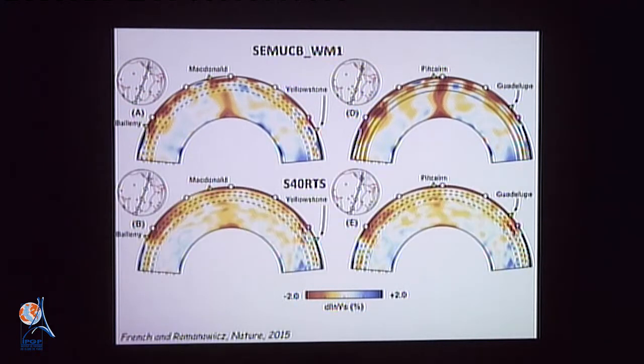Now, I want to compare this with a model that is very frequently cited, the S40RTS from Ritsema and his colleagues, determined using more classical approach with travel times of different types of waves. And you can see that, in fact, these two models are not incompatible. We already see these features in this model.